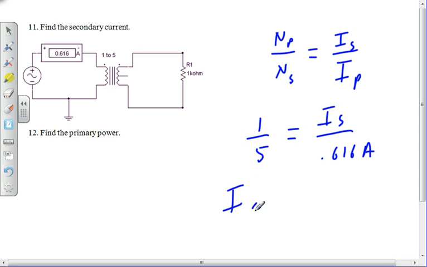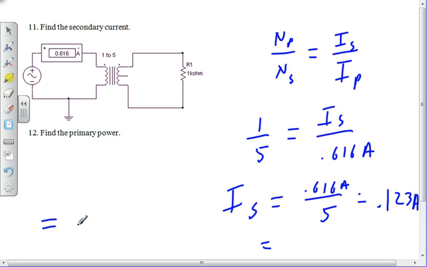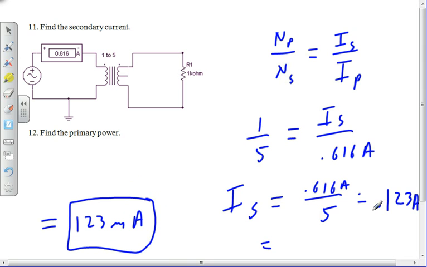So current secondary, 0.616 amps divided by 5. 5 goes into there 1 time, 5 goes into 11 twice, 5 goes into 16 3 times. So I'd write down a final answer, 123 milliamps. I have 3 significant digits there, I have 3 significant digits here. Everything is fine in the world.